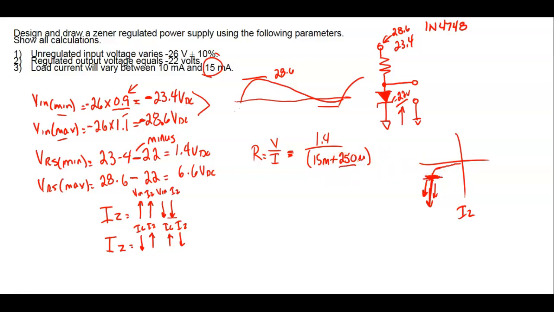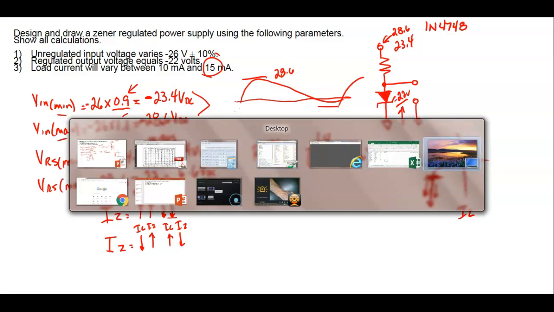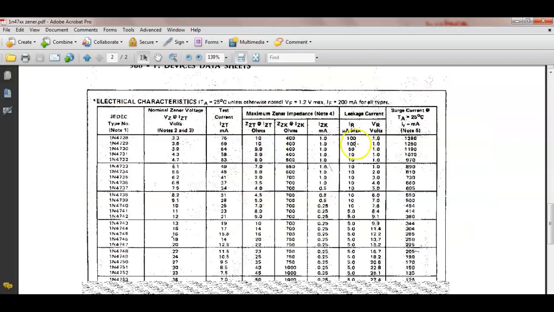Where did we get that information? Off the data sheets. We came down here and used a 1N4747, and I followed this over until I got right there, and that's IZK, 0.25 milliamps, which is 250 microamps. So now we guarantee this thing would operate. Even when my load is pulling 15 milliamps, I've got 250 microamps flowing through that zener all the time.